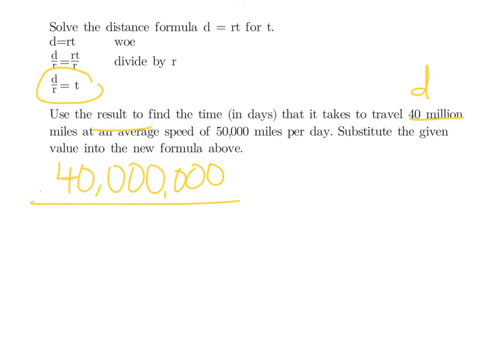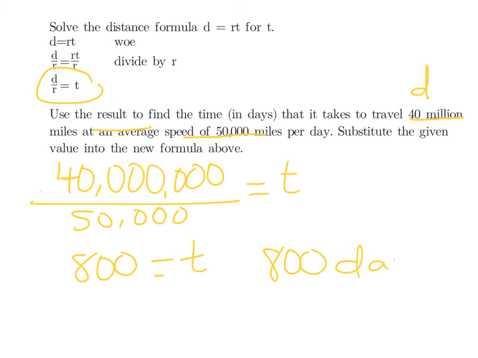And the rate, the speed, is 50,000 miles per day. That's going to equal t, and we want to find out how many days it takes. When you divide that, you get 800 equals t. And so our answer is t equals 800 days.